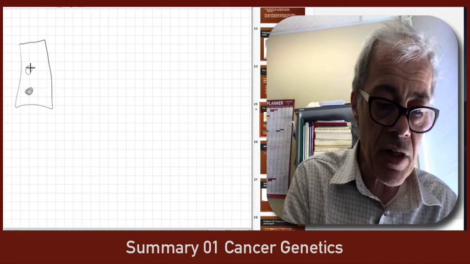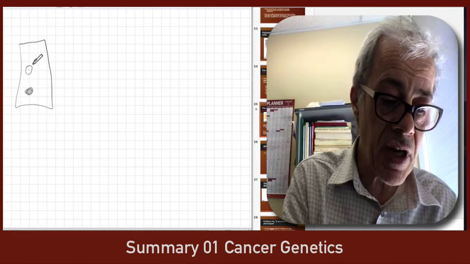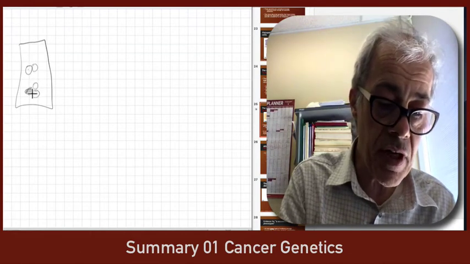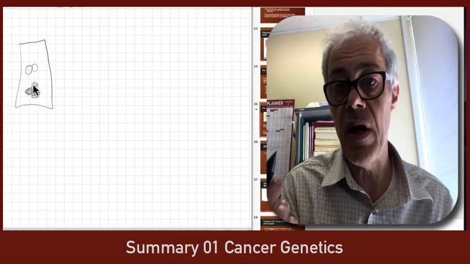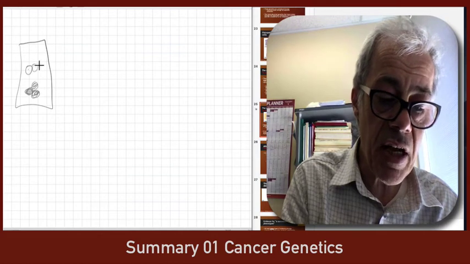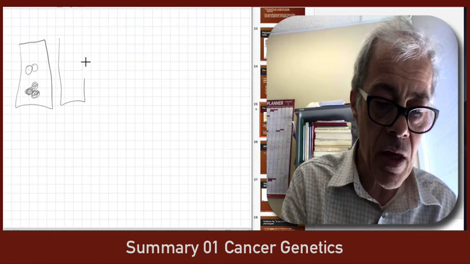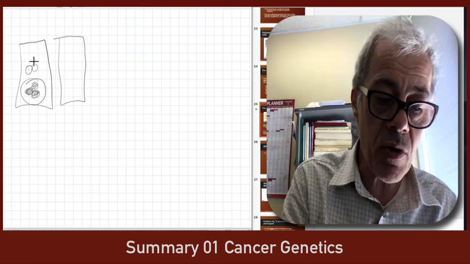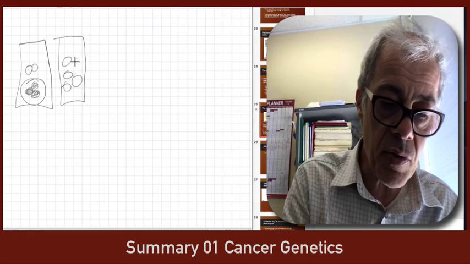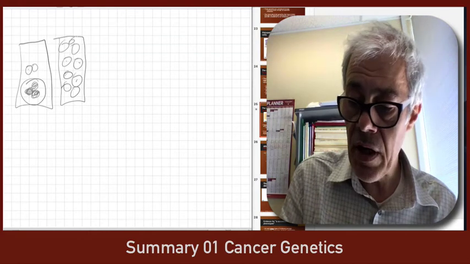So by the time this cell, let's make some general assumptions here, doubles to give 2 cells, this cell might have doubled to give, say, 3 cells, for argument's sake. So the rate of growth has been slightly enhanced by the mutation it's accumulated, and over a period of time these cells will outcompete the normal cells. So these cells will start to dominate the population, and that's what's being shown here.